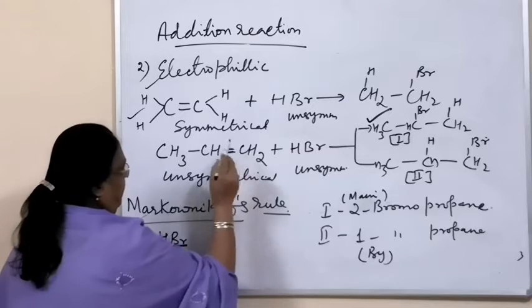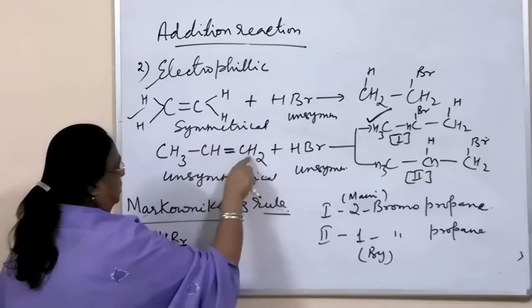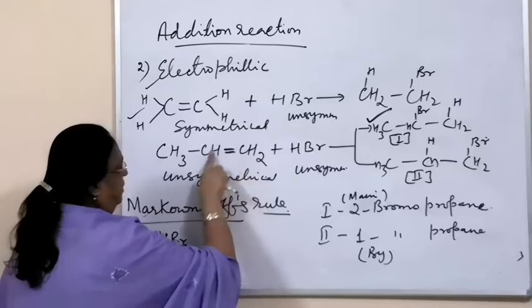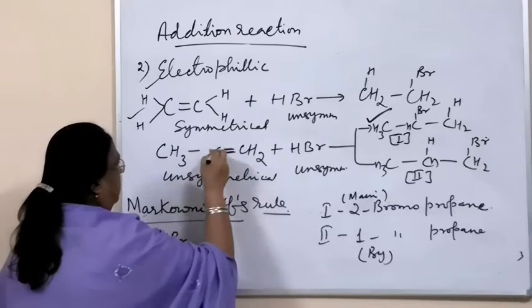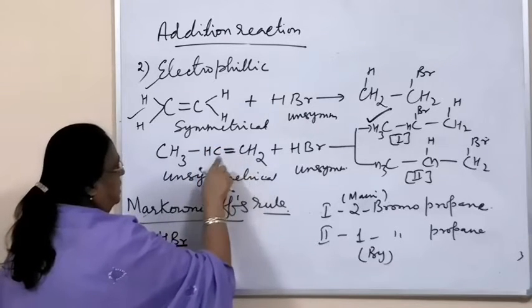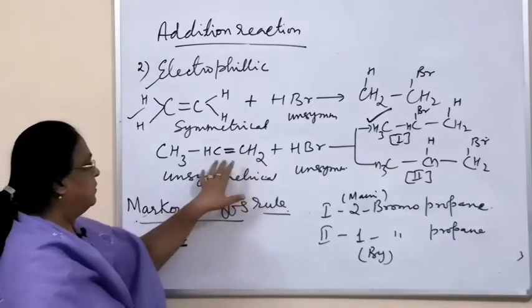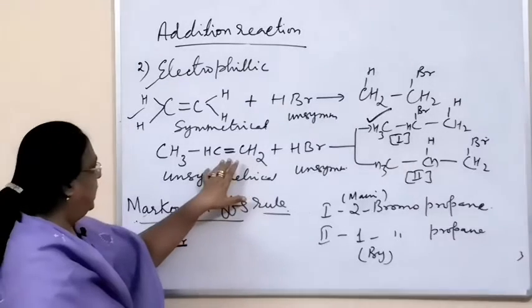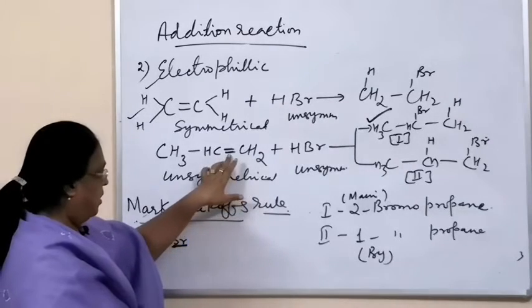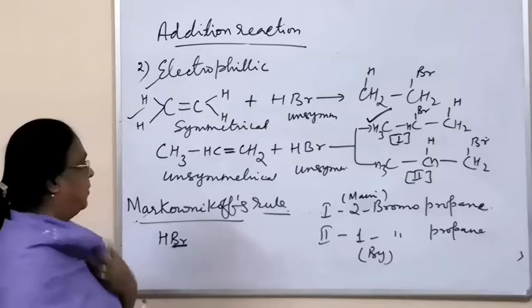You have studied earlier, I have mentioned earlier also, the carbon atoms which are linked by a double bond. Alkenes have the common name olefin. So these carbons are called olefinic carbons, or this double bond is also called the olefin bond.